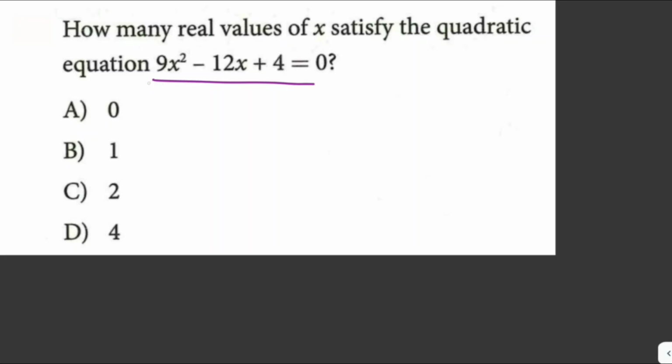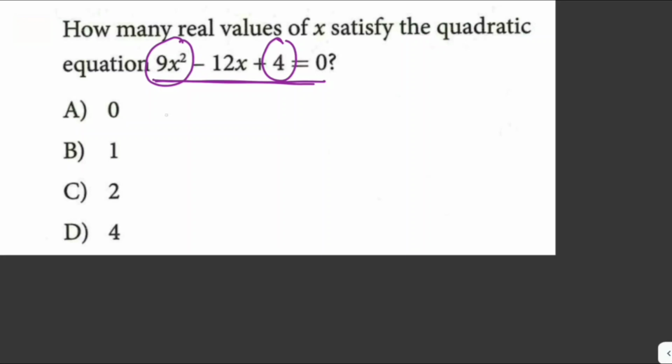So in this given quadratic equation, have you noticed that the first term 9x squared and the positive 4 are perfect squares? So this is a hint that it could be a perfect square trinomial.